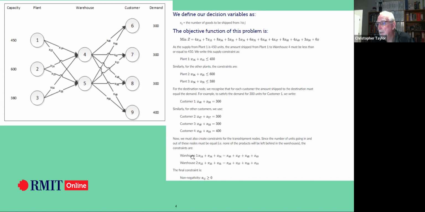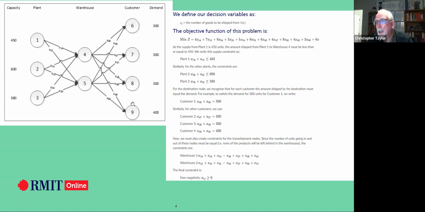So we've got that the flow in, so this is X14 plus X24 plus X34, so 14, 24, 34 must equal X46, X47, X48 and X49. So it's just balancing up the flow that it comes in and goes out. So that's why we have the equal sign there.